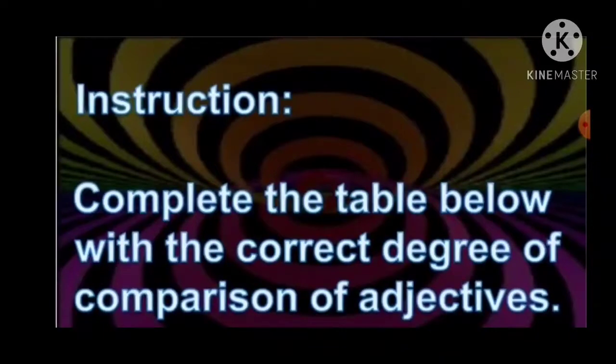If positive and comparative are given, you have to form the superlative. If positive and superlative are given, you have to form the comparative. If comparative and superlative are given, you have to form the positive degree, to test your knowledge and understanding. Complete the table below with the correct degree of comparison of adjectives.